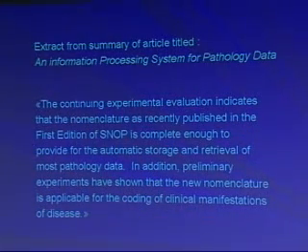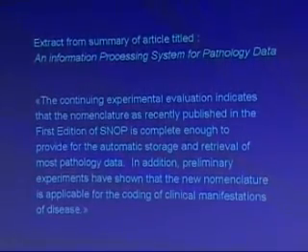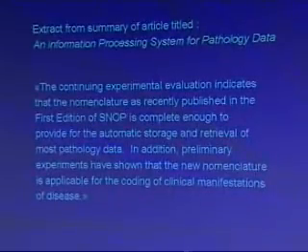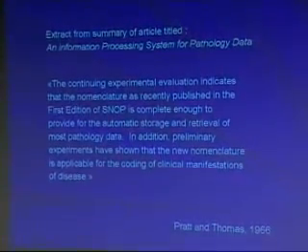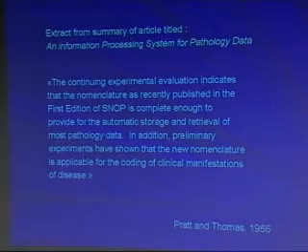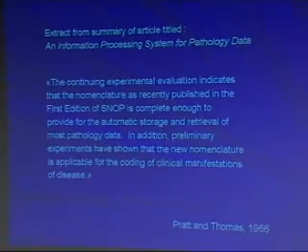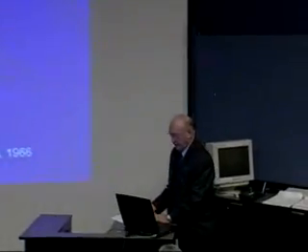In addition, preliminary experiments have shown that the new nomenclature is applicable for the coding of clinical manifestations of disease, because there was an axis there called the F-axis, which had a lot of signs and symptoms, things that pathologists really never used. So this was a starting point with Pratt at NIH and others to get involved in developing a nomenclature for medicine.